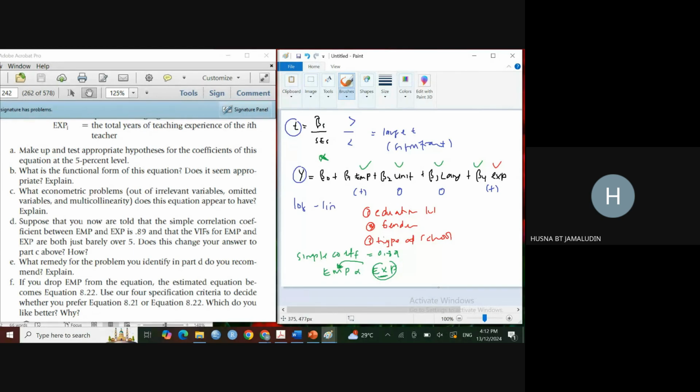But because we are talking about the econometric problem that we mentioned just now, which is EMP and experience, if you just want to see these two relationships, you have to use the simple coefficient, and the simple coefficient is actually very large, which means that one variable can explain almost 90% of the change of another variable. Even though the VIF is low, it doesn't tell the relationship of these two variables.